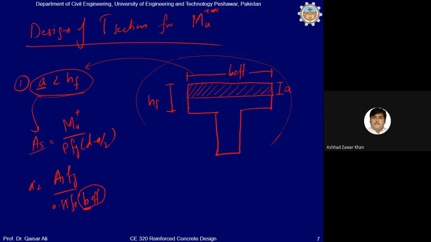Yes sir, clear. तो अब आप डिजाइन कर सकते हैं ना टी शेप सेक्शन को, for negative moment as well as for positive moment. And as I told you, in almost all cases, the depth of the compression block will be less than hf. So always case 1 will be governing. Okay.